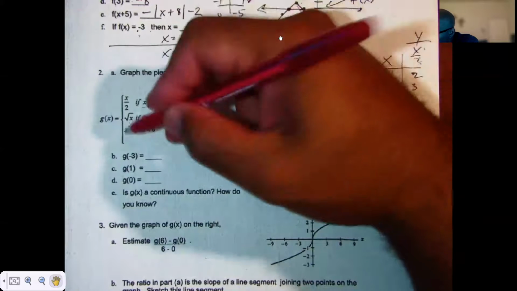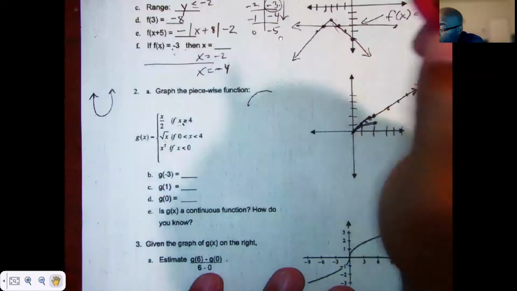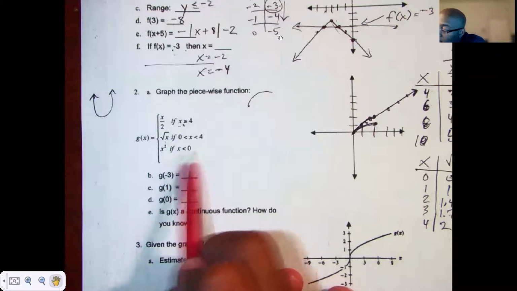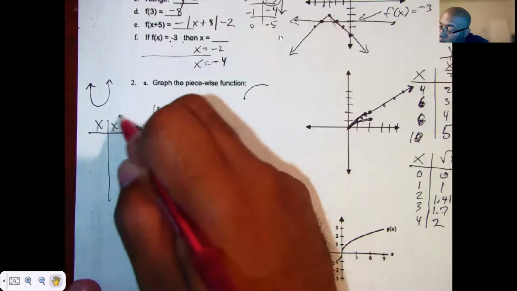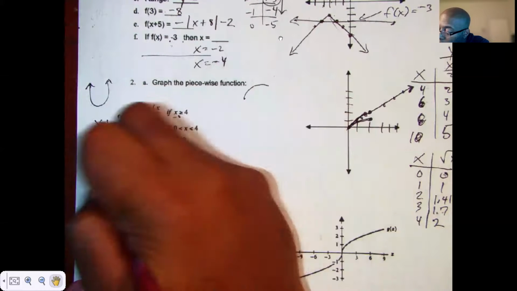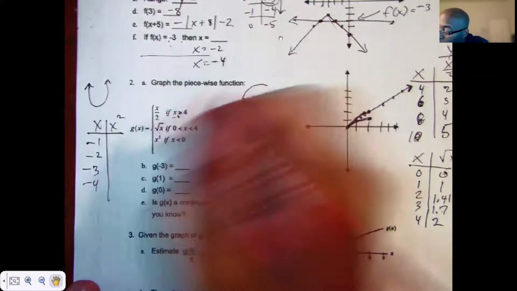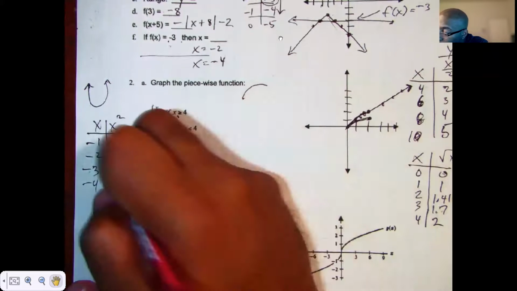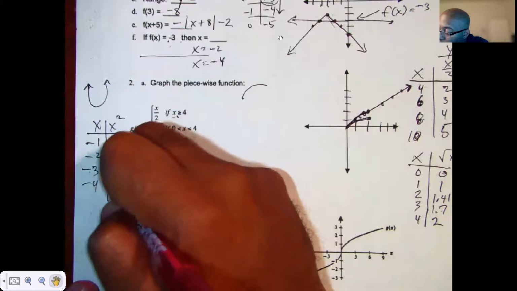And x squared, we know that if it's x squared, it does this. That's quadratic. And it says when x is less than 0, which means you have to go -1, -2, -3, -4. So -1 squared is 1, -2 squared is 4, -3 squared is 9, -4 squared is 16.